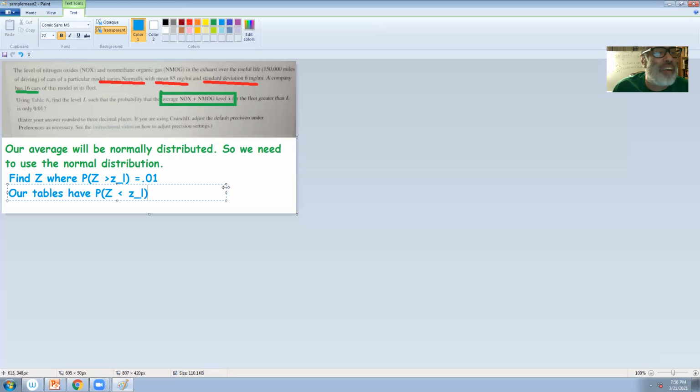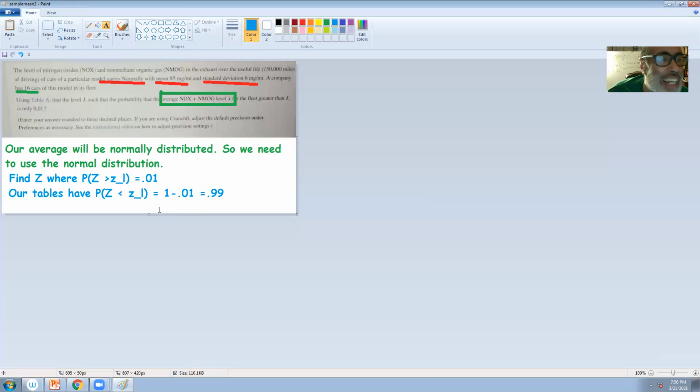So what does this correspond to? It corresponds to 1 minus 0.01, because if the probability is only 1%, that means the probability of being less than that is 99%. So that's what we want: 0.99.